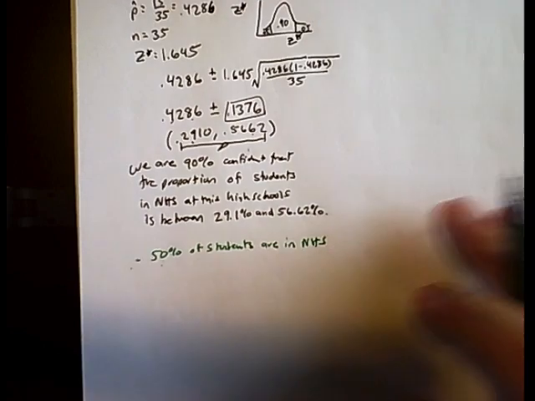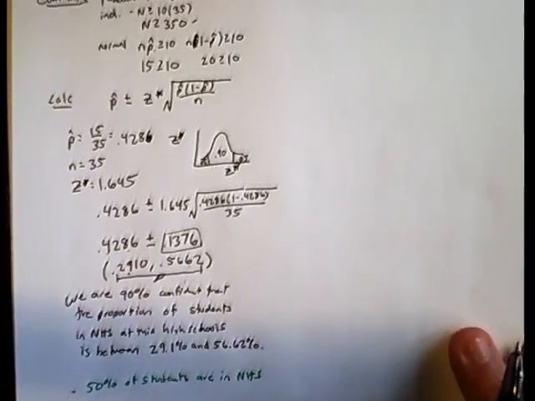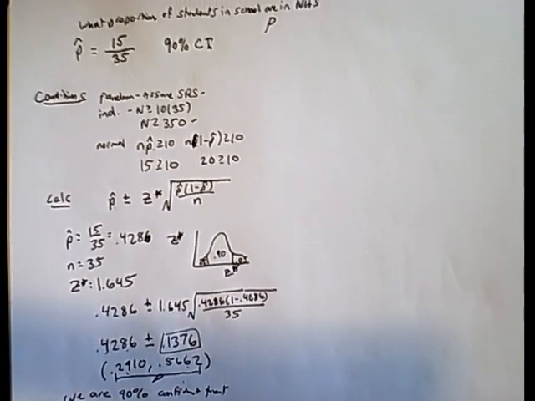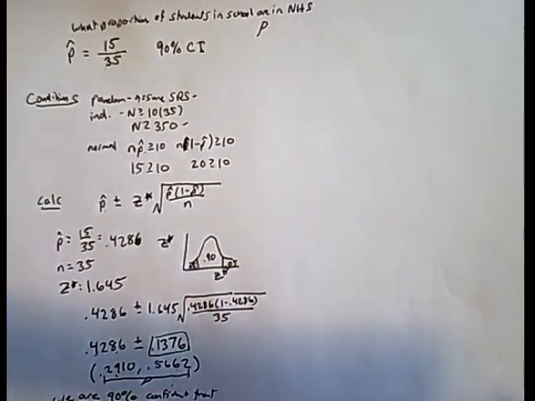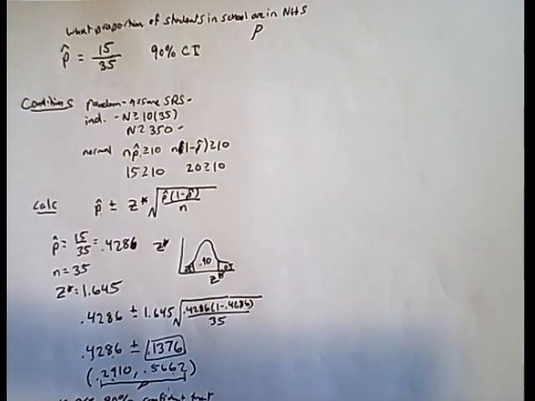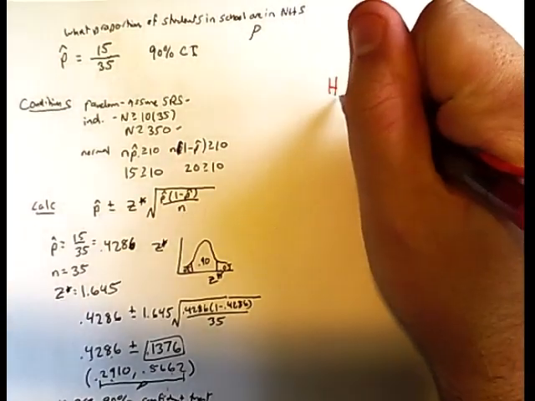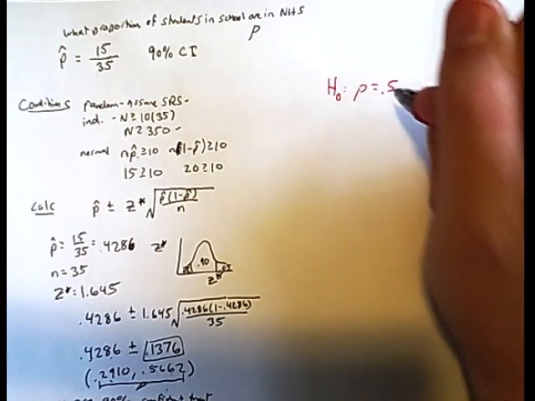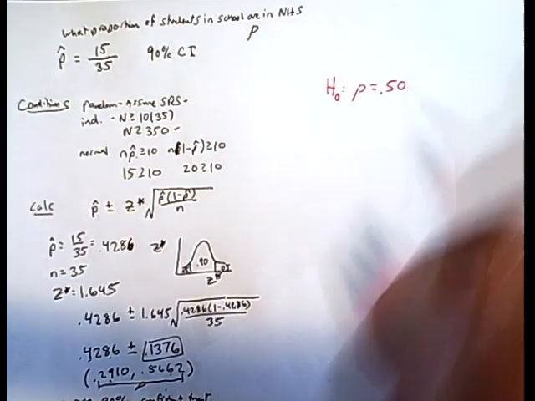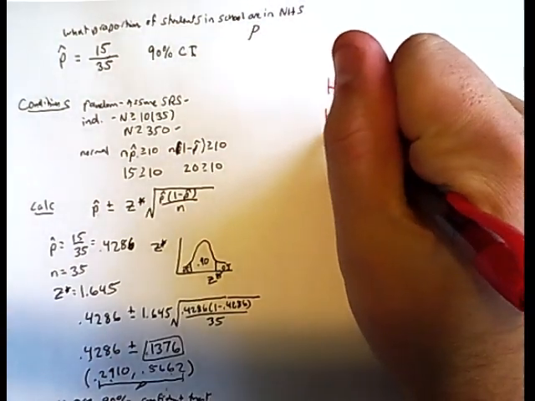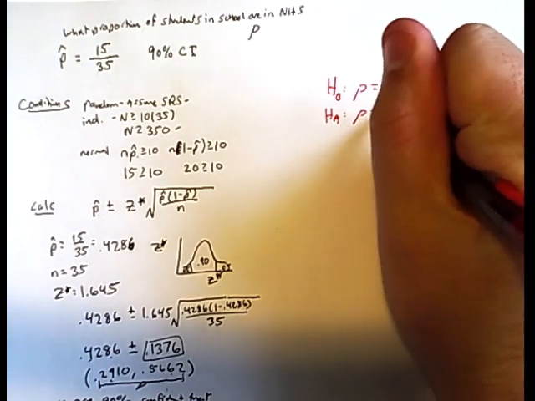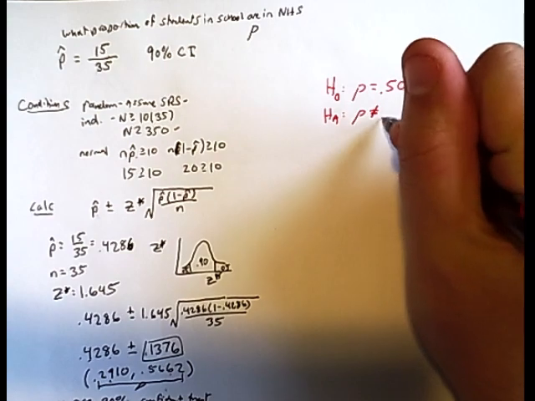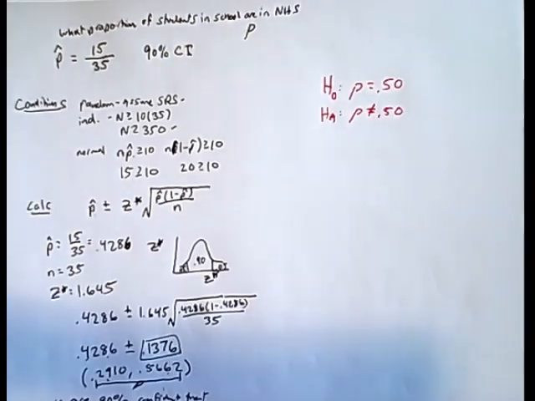All right. So now let's come over here and let's do a similar hypothesis test, a similar two-tail hypothesis test. So the claim was that rho was 50%. And the alternative, what you would need proof of, what you need evidence to disprove, is that it's different than 50%.